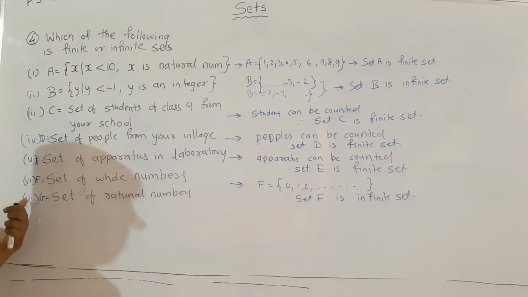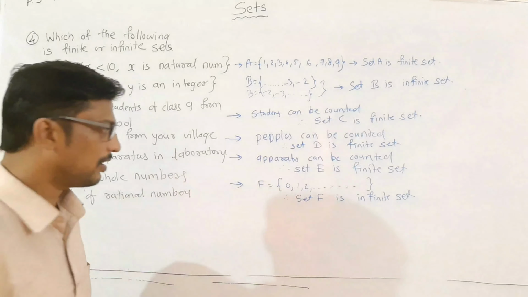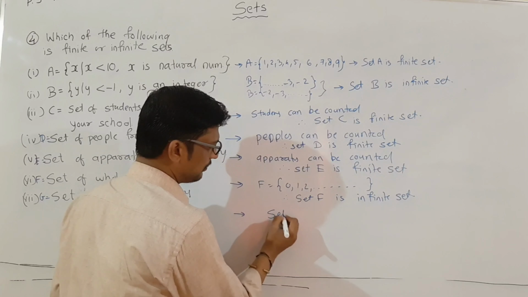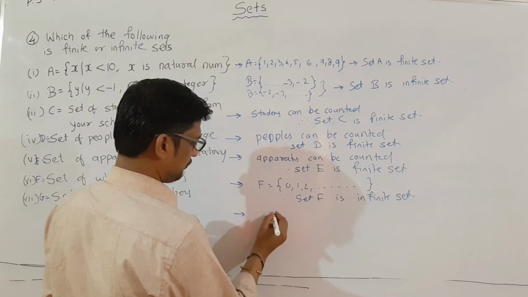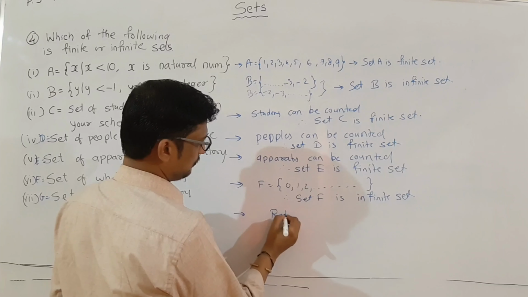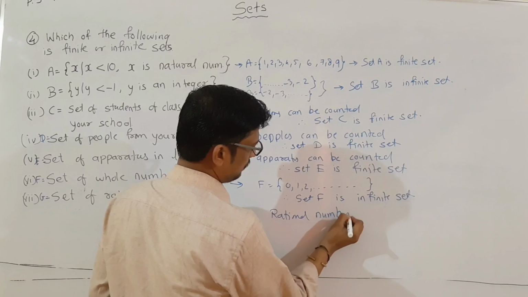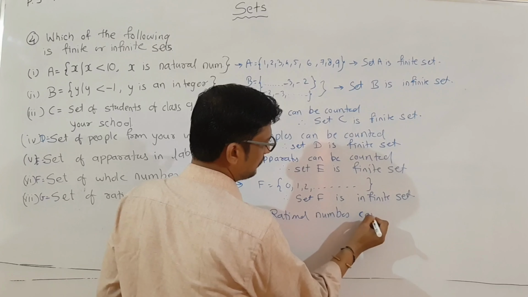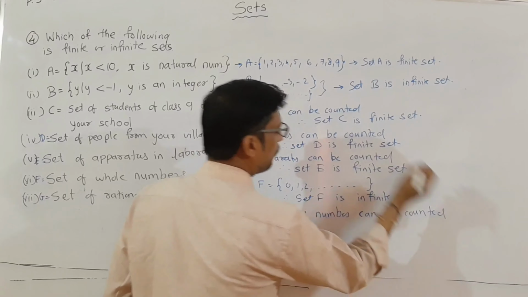Fine. And the last question, G, set of rational numbers. Now, set of rational numbers cannot be counted.